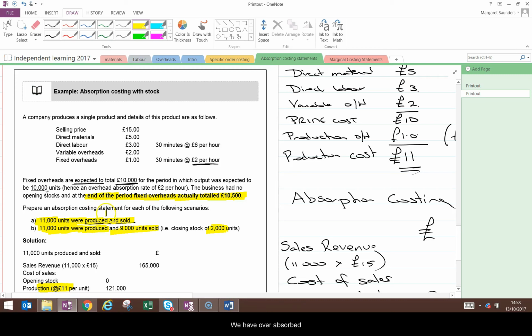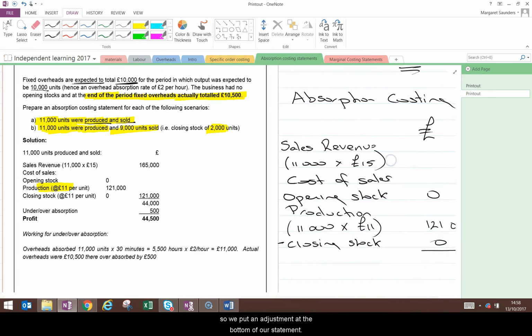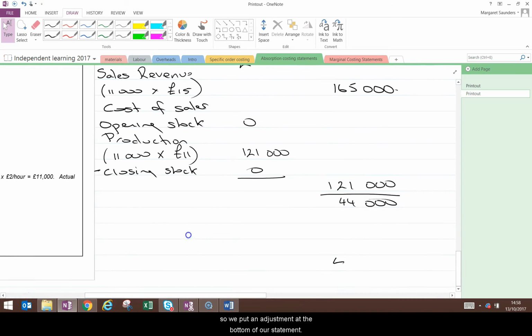So we have over absorbed by £500. So we put an adjustment at the bottom of our statement, over absorption, £500.